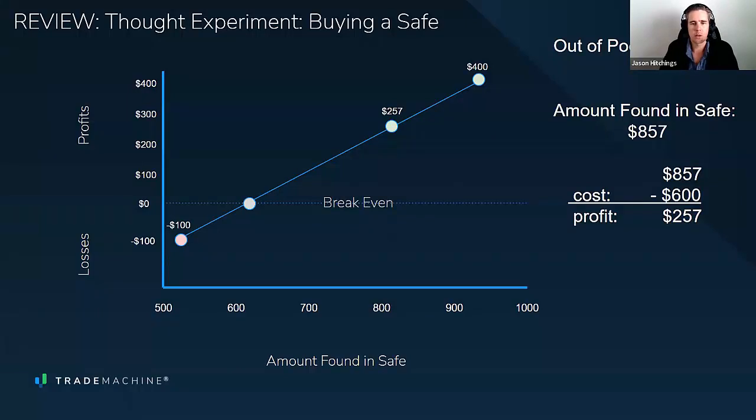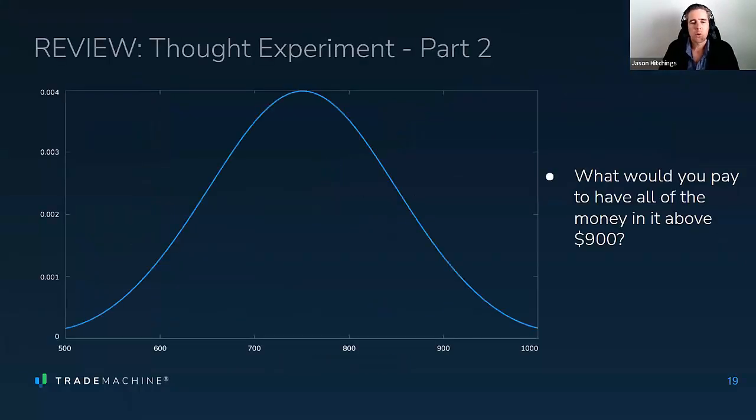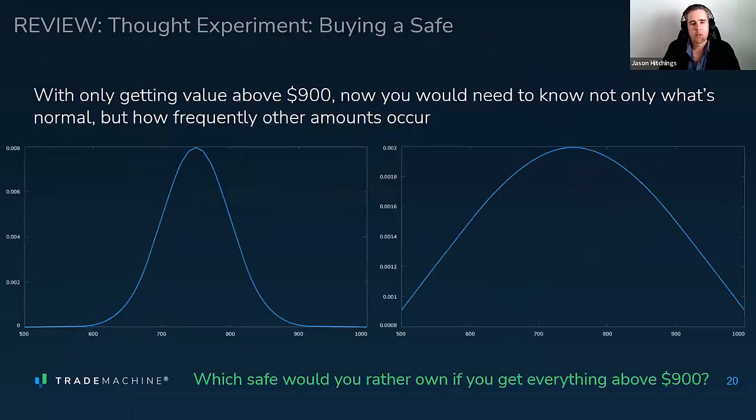Okay, so let's think about the scenario of if you only got the value over $900. So in the options world, we'd call that a call, like a 900 strike call. And if the expected value is 750, then we would think of that as kind of the current stock price.